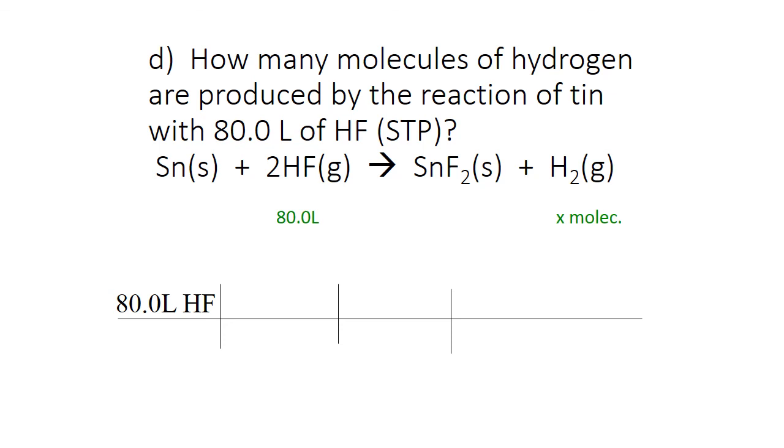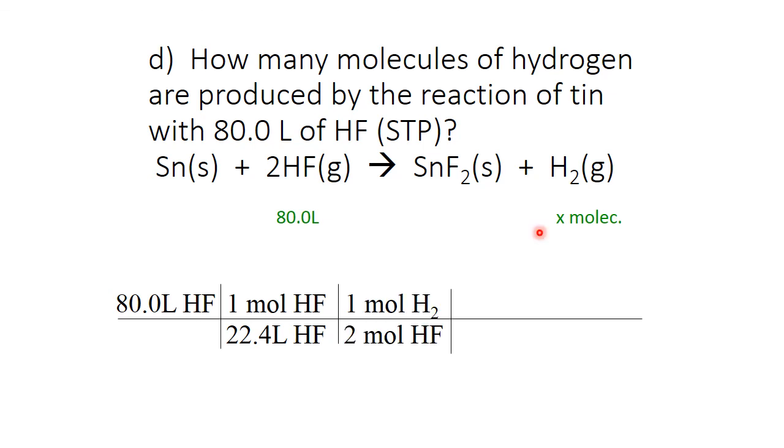So we start with our liters of hydrogen fluoride. As I said before, whatever you're given, convert it to moles. And we know that in 1 mole of any gas, we have 22.4 liters. So that gives us moles of hydrogen fluoride. Then we look at our balanced equation. What is the molar ratio of hydrogen to hydrogen fluoride? So 1 to 2.